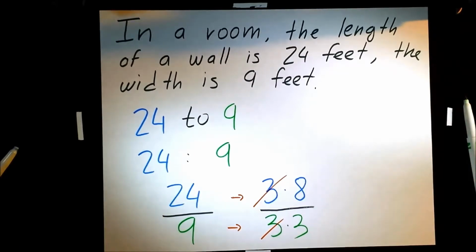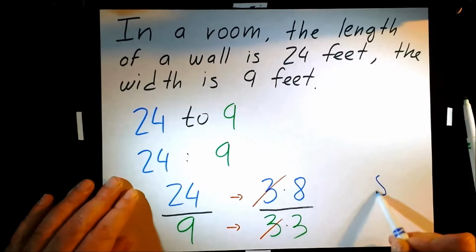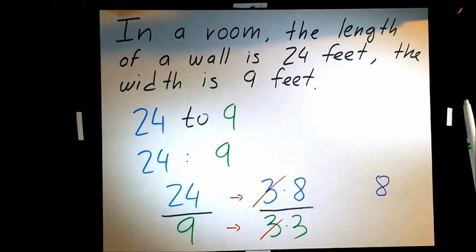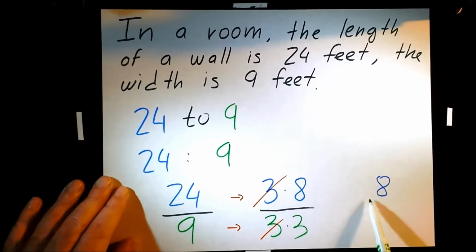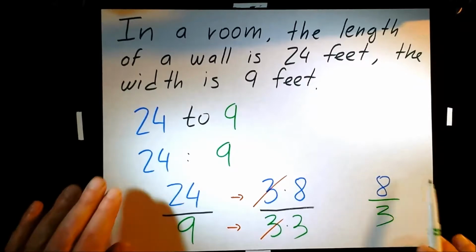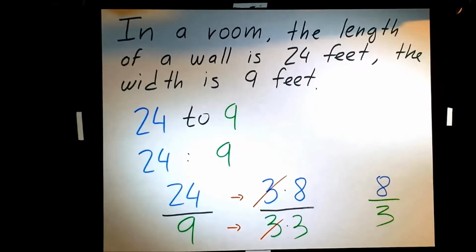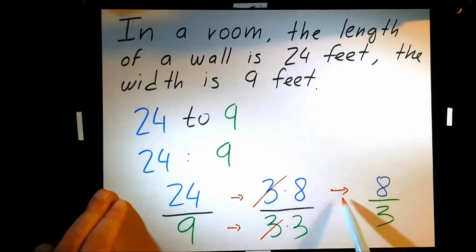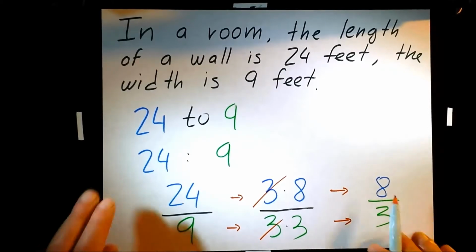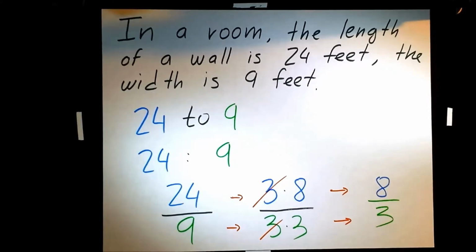So what am I left with? 8 on the top, 3 on the bottom, and that's my simplest form ratio, 8 to 3. It's the same thing as 24 to 9, just in simpler form. Any questions so far?